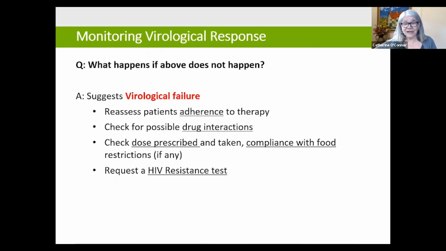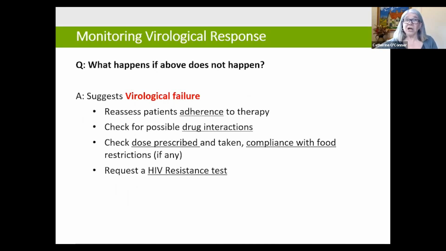Are they forgetting? Are there side effects that they're having, and so they're not taking their medication as they should? We need to check for possible drug interactions which can be causing problems with the effective dose of our medication.